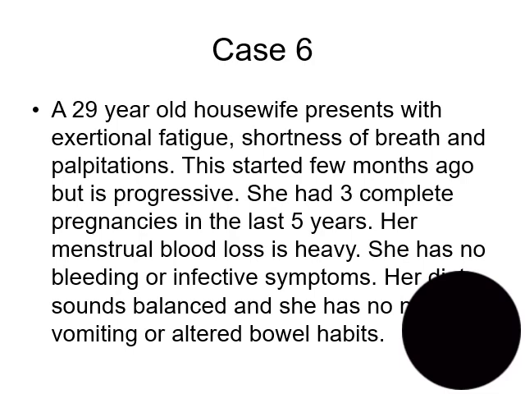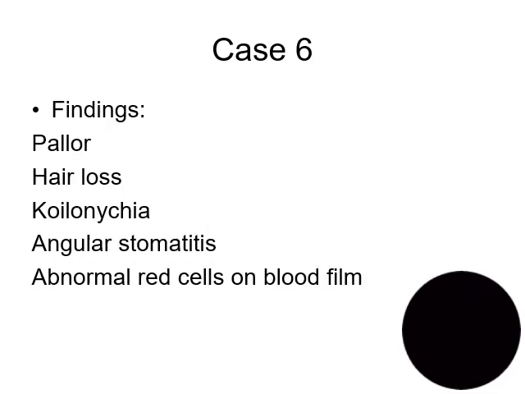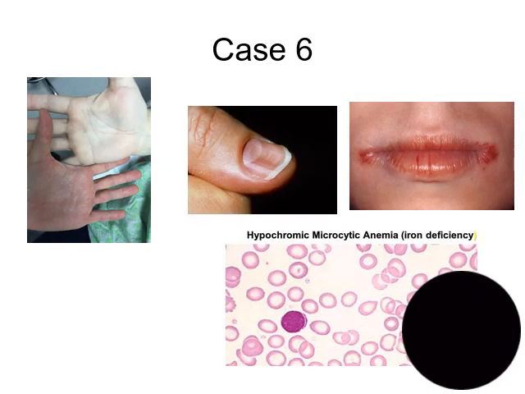And we said that she doesn't have infection or a bleeding symptom, indicating that she is not having a problem in her immune system or a problem in her coagulation. Her platelet count is expected to be normal. So the findings are pallor, hair loss, koilonychia, angular stomatitis, and abnormal red blood cells.